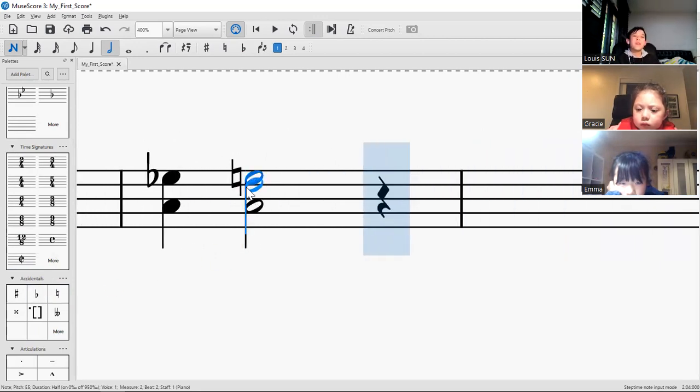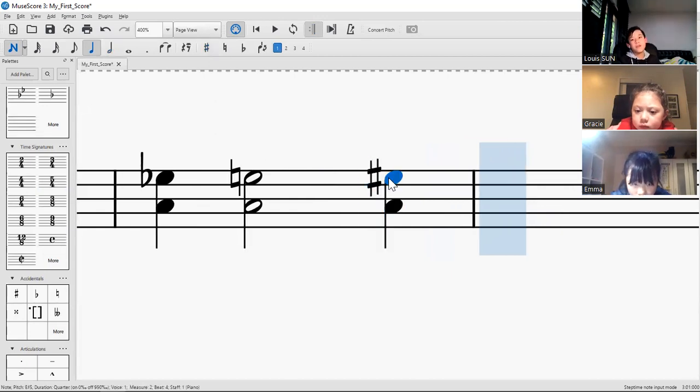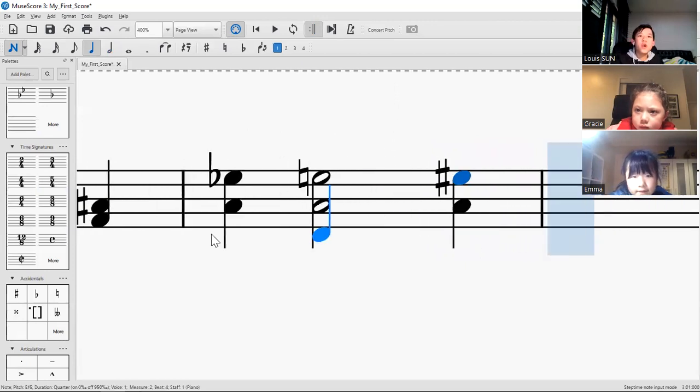Okay, so now that's a perfect fifth. And if we add one more semitone to the top note, it becomes an augmented fifth.